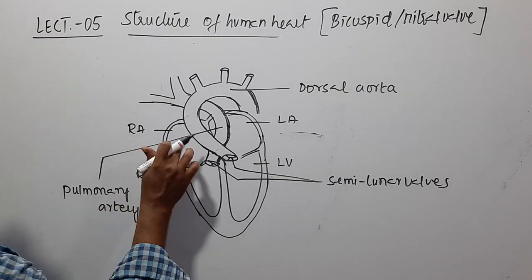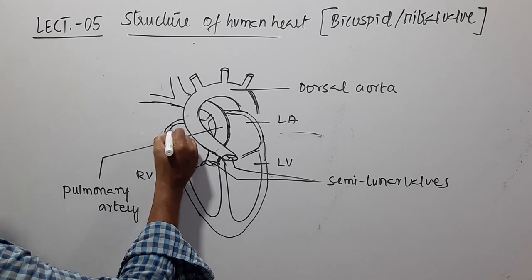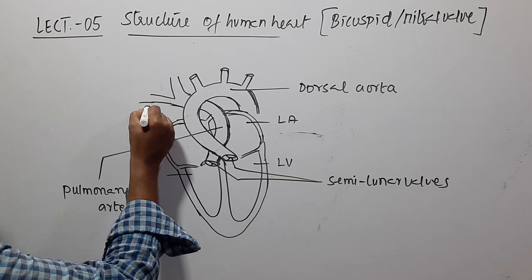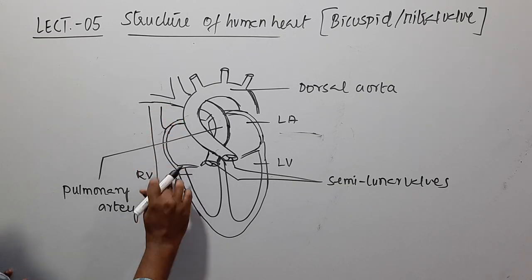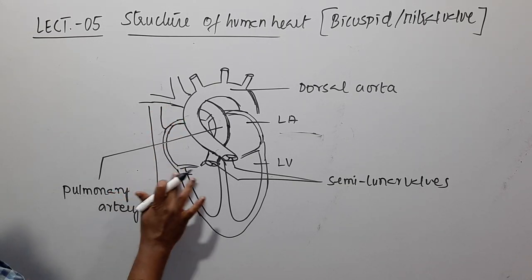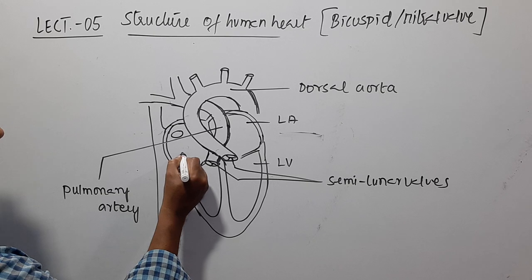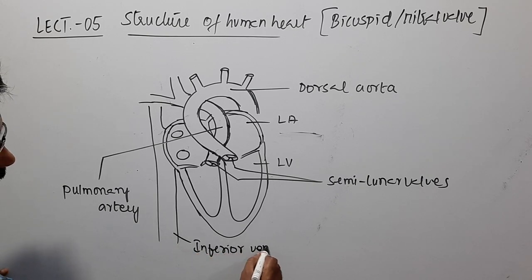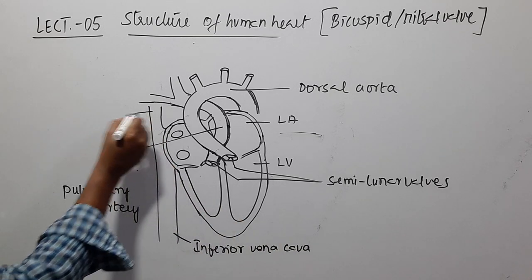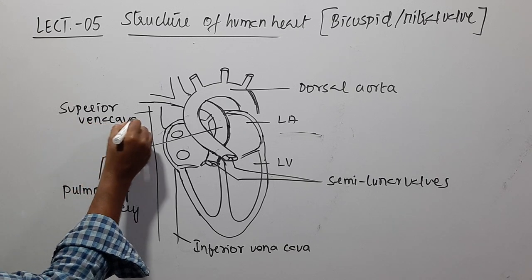Now, opening into the right atrium we have the main veins. Here is one opening, and you will find one more opening. This is the inferior vena cava, and this is the superior vena cava.